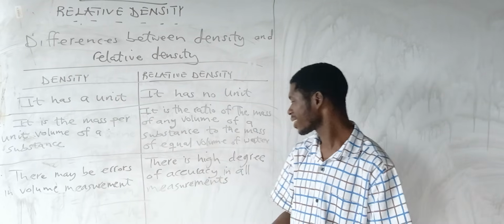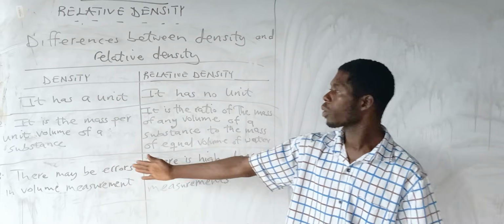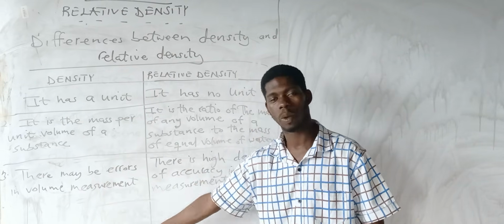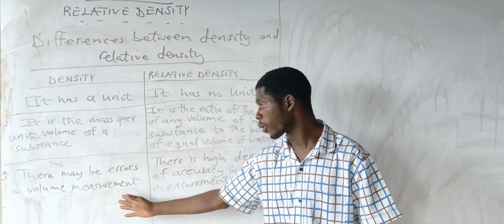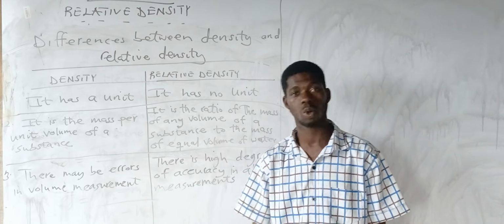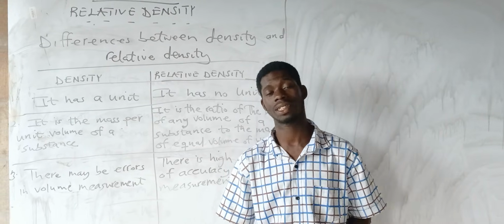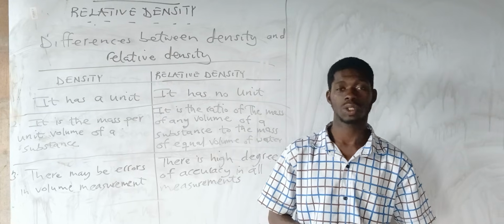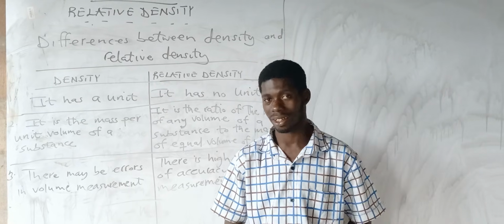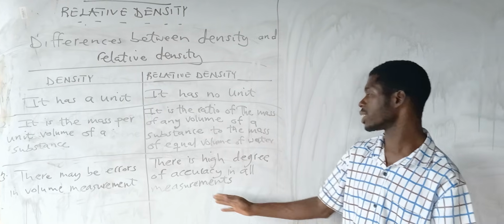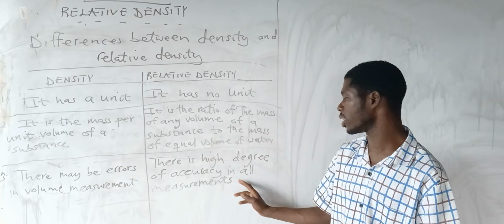Now, for density, there may be errors in volume measurement. So for density, the probability that you will encounter some errors in your work is high. But when it comes to relative density, there's a high degree of accuracy in all measurements.